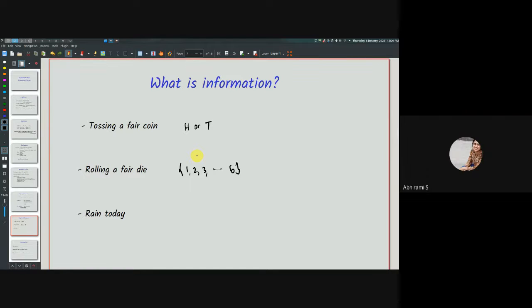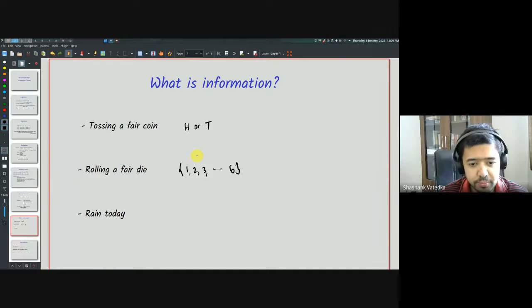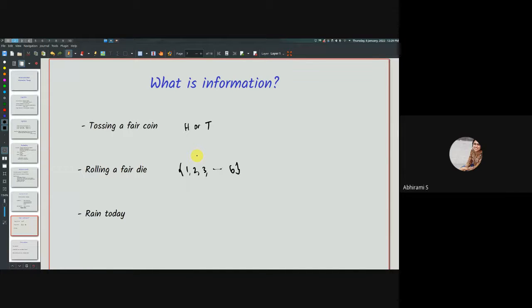I don't know if it's right, but fair die. Here we have six different outcomes, and in a coin it's only two. In the first case it can be head or tail, we know that to some extent. I understand it's a random experiment, but the information we get is either head or tail.